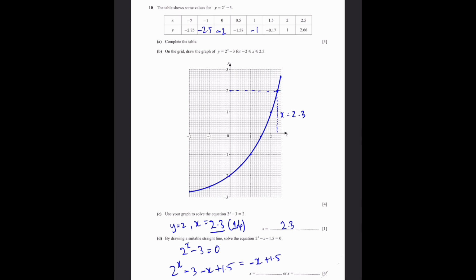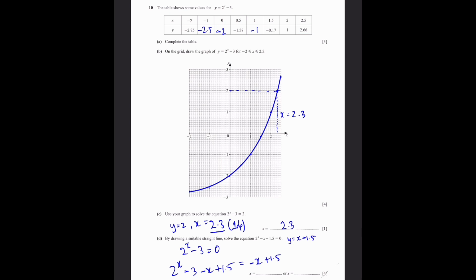Now, the way you have to do this question is when we get this, we have to reverse it so that this will equal 0. Okay, so this side will equal 0 only if we reverse this side. So the line we have to draw is y equals x minus 1.5.